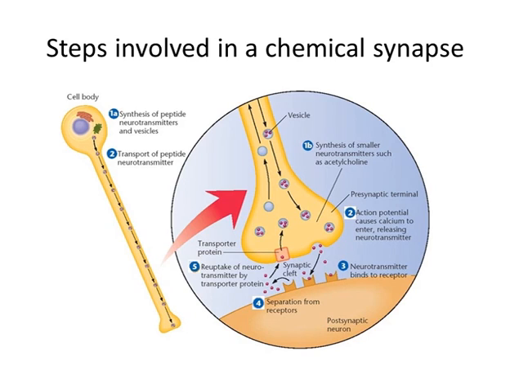As for the actual release element, at the presynaptic terminal, an action potential causes calcium to enter the cell, thereby evoking the release of the neurotransmitter from the terminals and into the synaptic cleft, that space between the presynaptic and the postsynaptic neurons. When an action potential reaches the end of the axon, the depolarization changes the voltage across the membrane and opens voltage-dependent calcium gates in the presynaptic terminal.